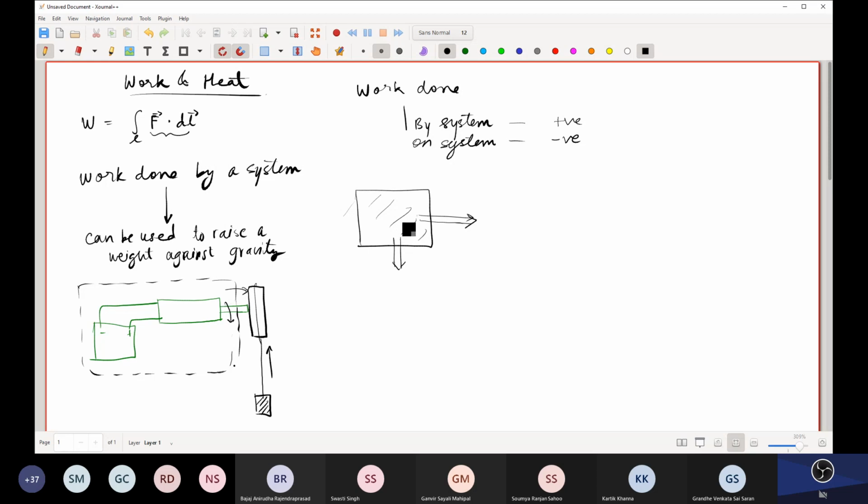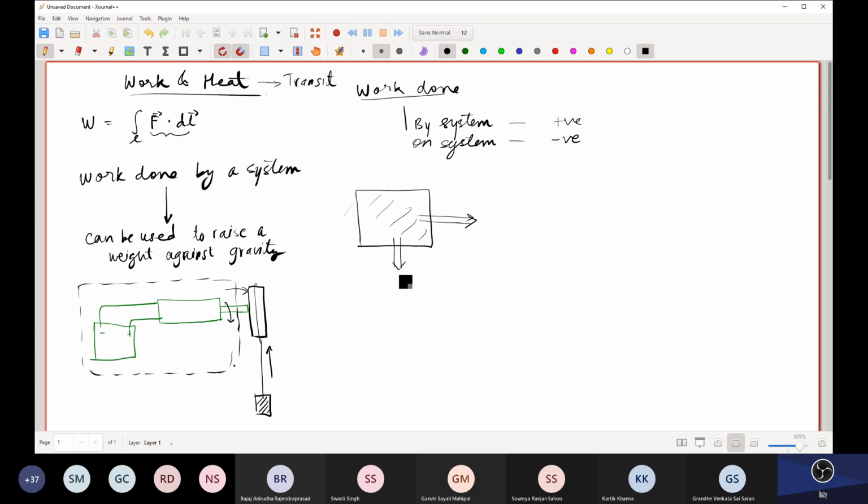You cannot say that this system is holding a certain amount of work. That is wrong. It can hold a certain amount of energy, and to release or gain more energy, you must either transfer heat or do work. Work and heat are things in transit. You cannot hold heat or hold work.